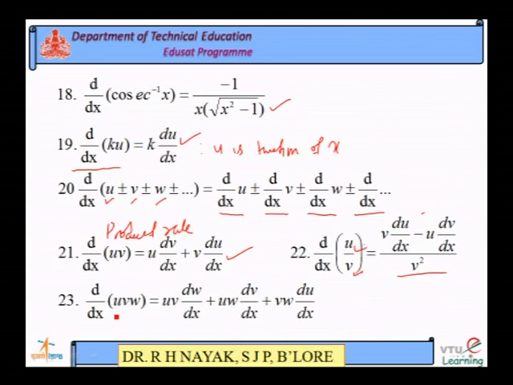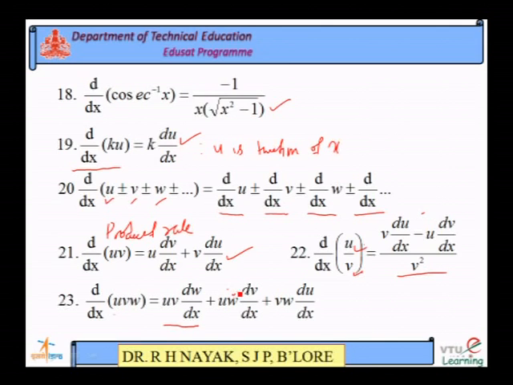Here if you have three functions u, v, w, we keep u, v as it is and differentiate w, plus keep the first and last function, that is u and w, as it is and differentiate v, plus keep the second and last function as it is and differentiate the first one.